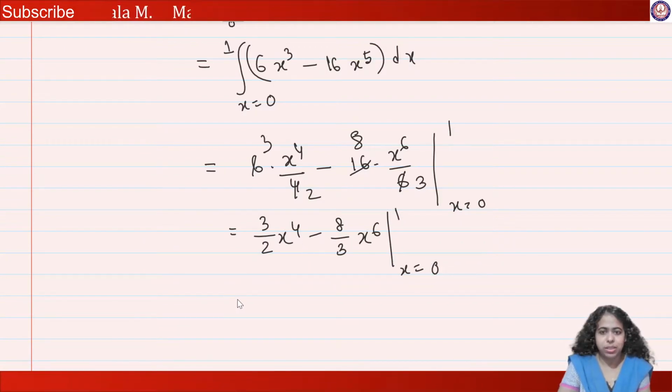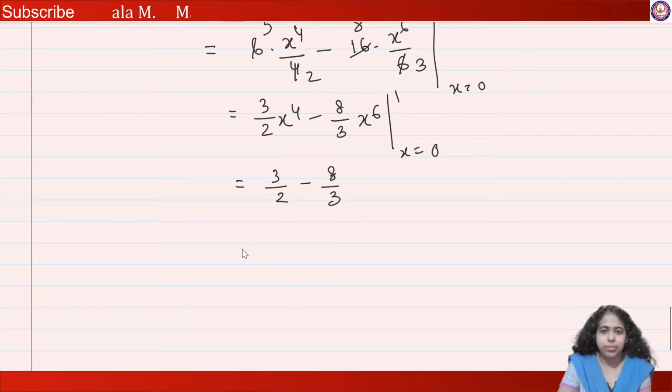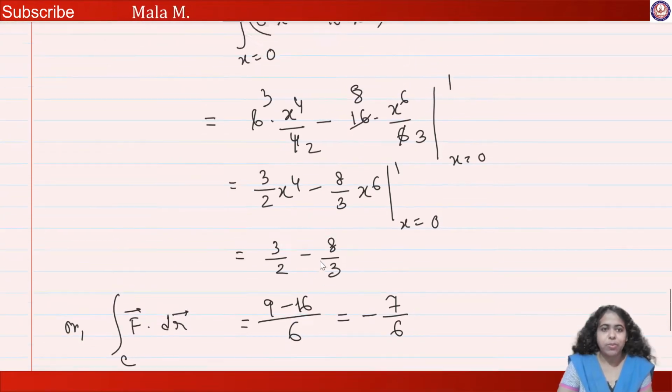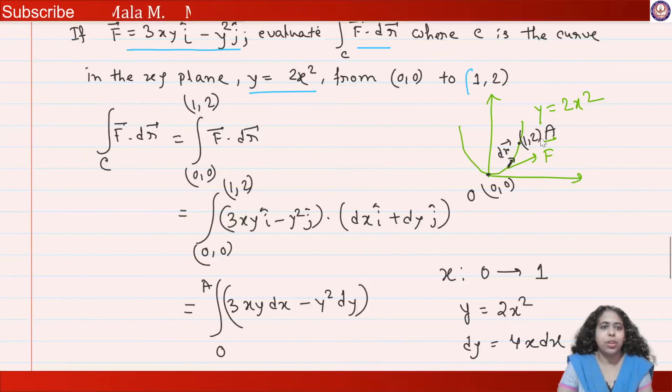As you see, it simply becomes 3 by 2 minus 8 by 3, which is minus 7 by 6. So the integration of F dot dr along the path C from the point (0,0) to (1,2) is minus 7 by 6. Thank you for watching.